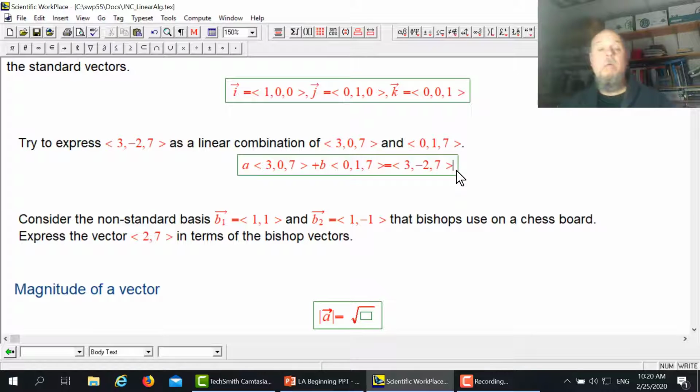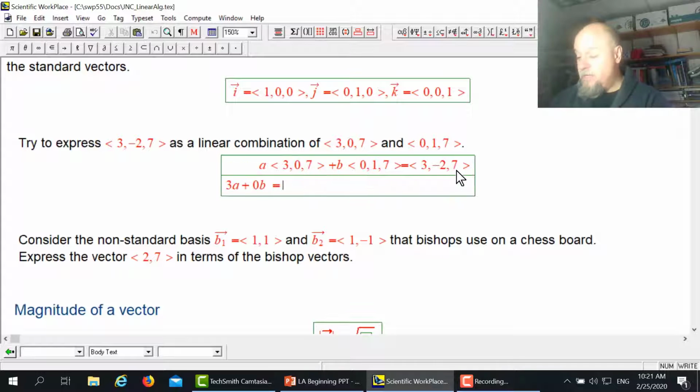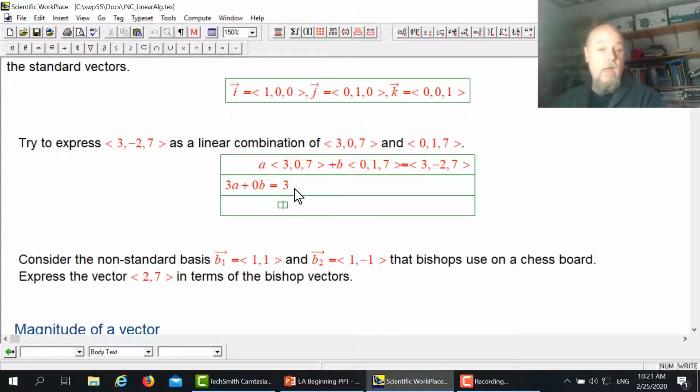Well, that's actually giving me three equations. If I look at the x coordinate, the first coordinate, that's telling me that 3a plus 0b has to equal 3. I'm also getting from the y coordinates that 0a plus b has to equal minus 2.